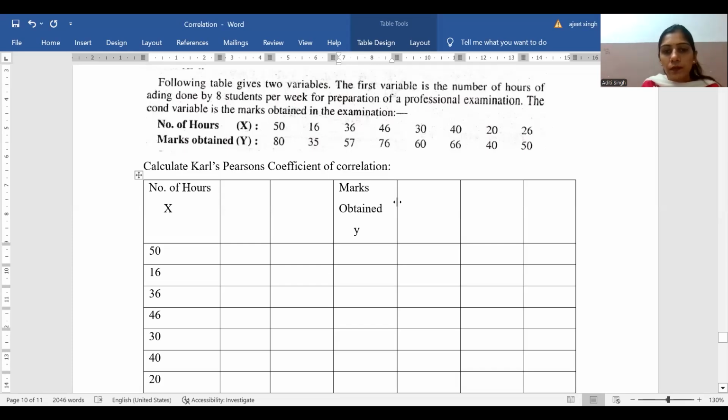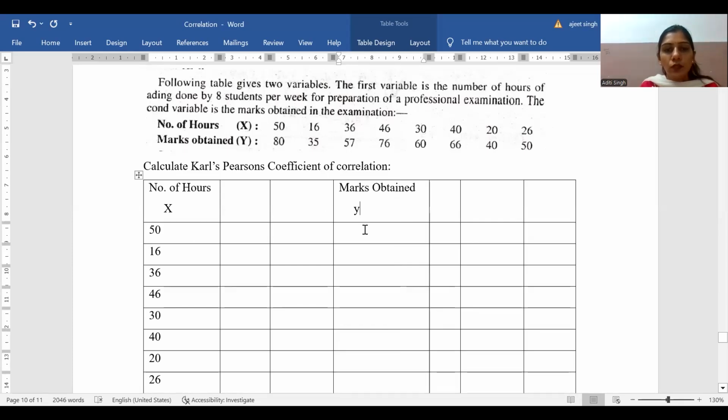The variable y information given is 80, 35, 57, 76, 60, 66, 40 and 50.